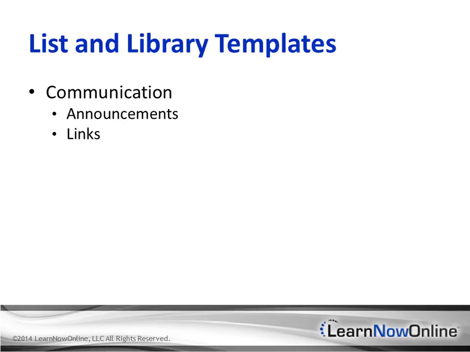It's a nice, easy place for you to come in, drop all your links that aren't automatically created, and give people a list of places that they can go. By using multiple links libraries, you can have your content separated out and have a grouping of your links that make a lot of sense for your users.